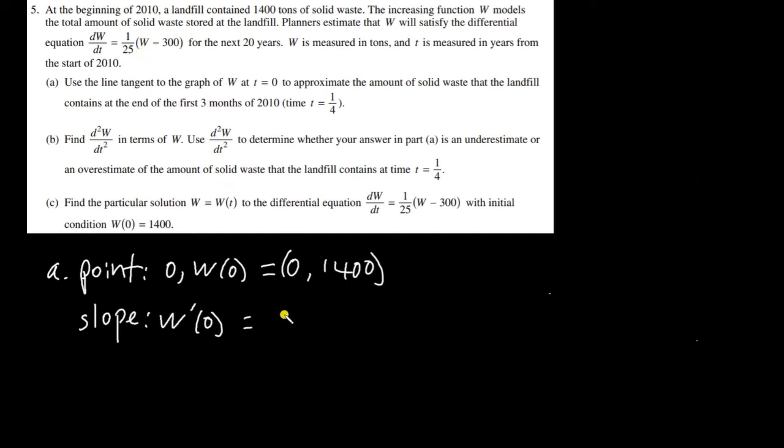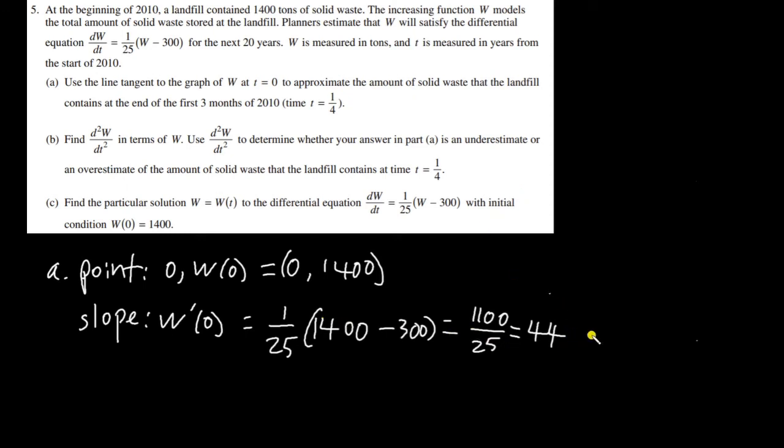That's going to be 1 over 25 times, and for W, at t equals 0, W is 1,400, so I'll plug in 1,400 for W. That's 1,400 minus 300, which is 1,100 over 25, which is 11 times 4, which is 44. By the way, this is W prime of 0, just to be clear. Putting these together, we have the point and the slope.